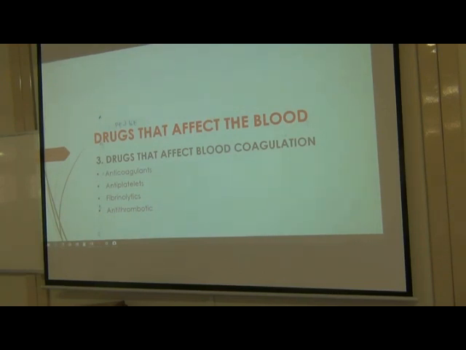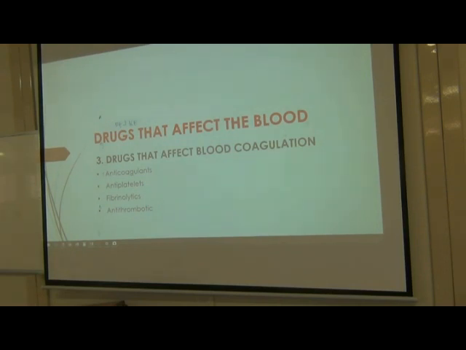This group of drugs are referred to as anticoagulants, antiplatelets, fibrinolytics, and antithrombotics. Those are the different groups of drugs under drugs that affect blood coagulation.